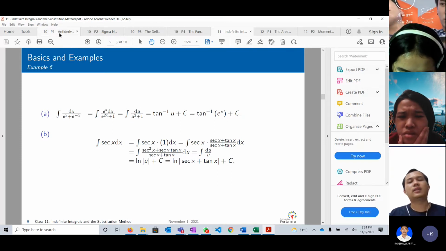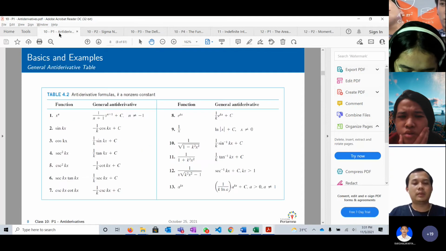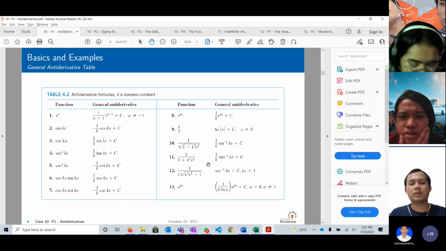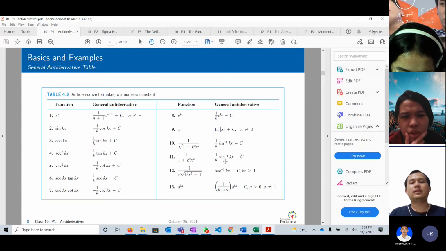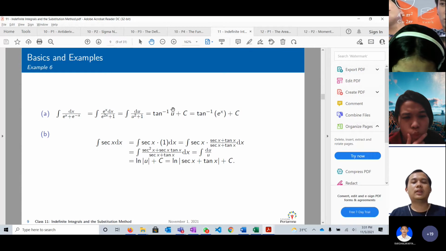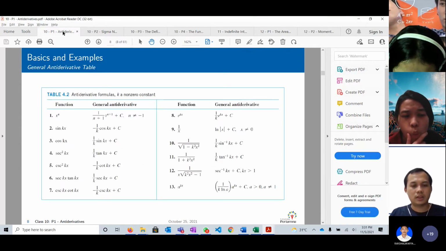Then after that, again, look at this table. Find this kind of form. Yeah. So the form is 1 over 1 plus k squared x squared. The integral is 1 over k tangent inverse kx. So the integral is now, you see the sign is plus, yeah.